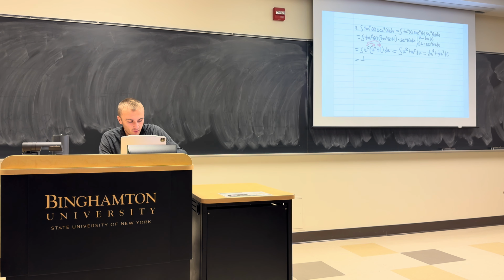So I'm going to have 1/9 tangent to the 9th of x. I'm not going to rewrite this separately, so just 1/9 tangent to the 9th of x plus 1/7 tangent to the 7th of x plus c, and then put a parentheses there, and that'll be our final answer for this problem.